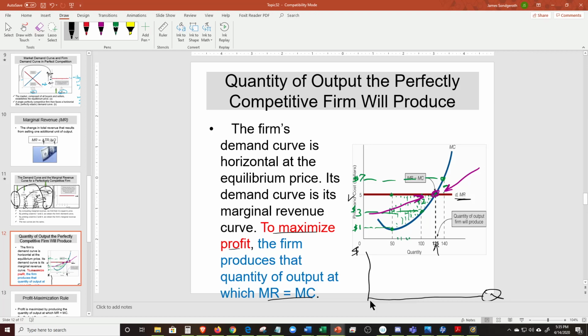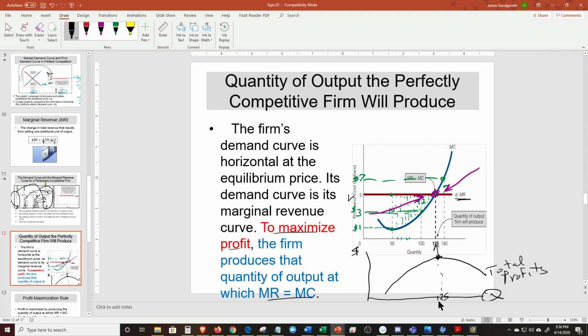And so right here at 125 bushels or whatever the firm is producing, the firm maximizes profits. And so this is a graph of total profits.